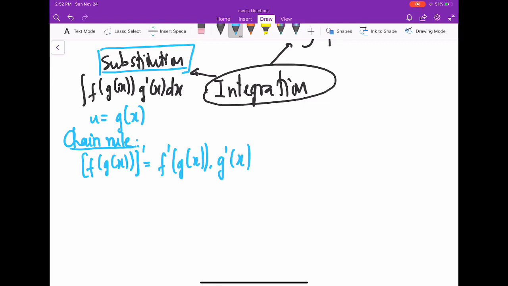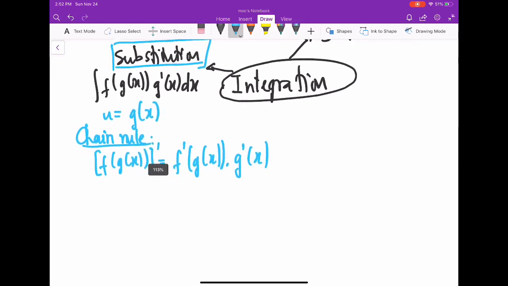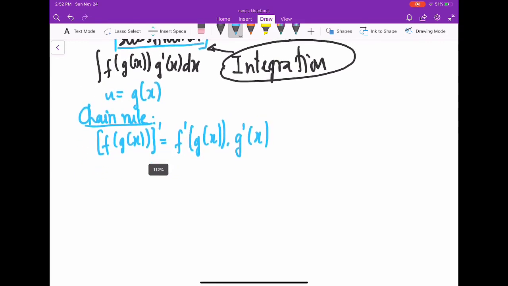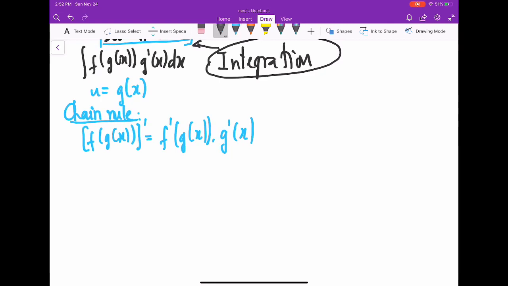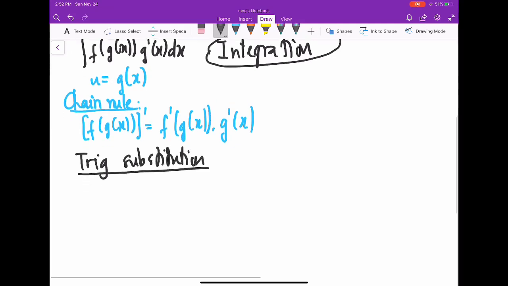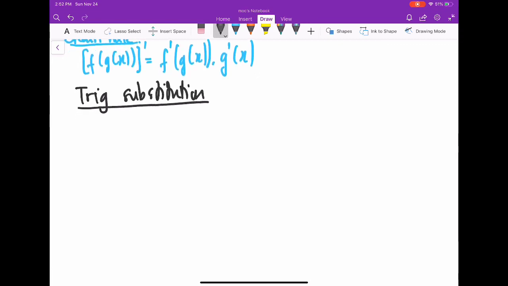Okay? The most difficult in this topic is trig substitution. We know three forms of this. The first form is a squared plus u squared. The second form is a squared minus u squared.